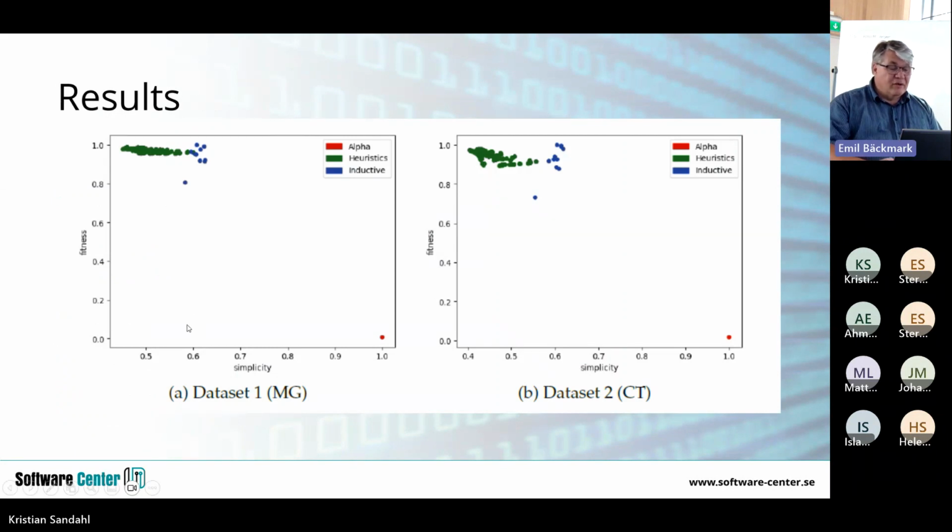A little bit about the results. On the horizontal axis, you find something called simplicity, a metric for the complexity of the graph showing the process. And we have the fitness, how well the mined processes really worked, on the vertical scale. And you can see that it's quite easy to squeeze in high fitness, but then there's the simplicity. Observe that this starts at 0.5, but still it's not that easy to find good ones.